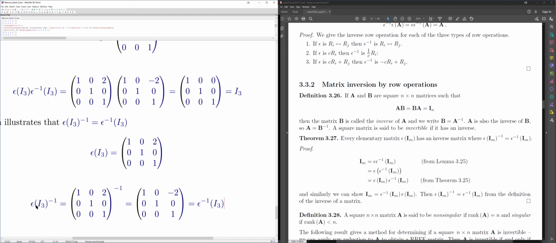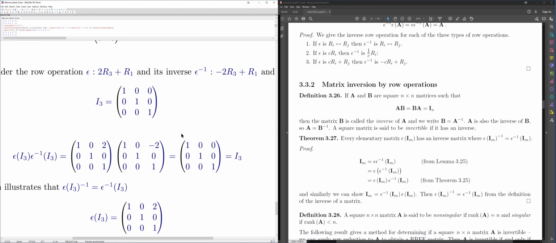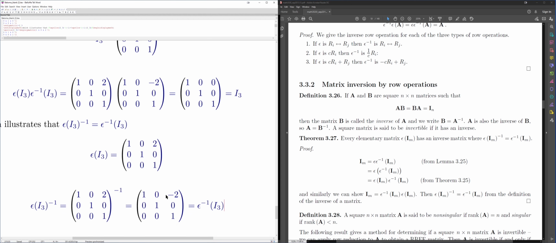So to get the inverse of the elementary matrix epsilon I3, you look at the row operation corresponding to it, find the inverse of that row operation, and apply it to the identity. That gives my required inverse here.